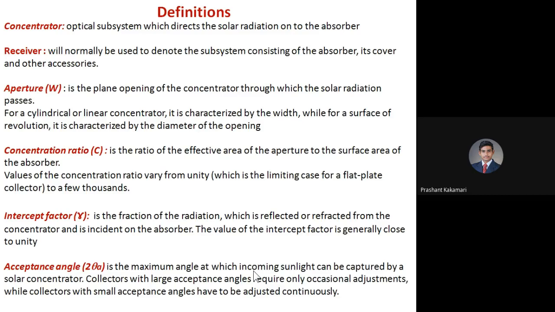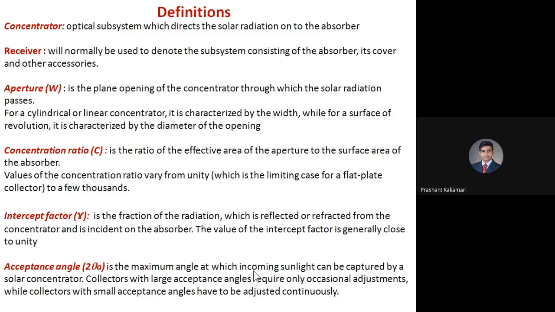So that maximum angle at which the incoming sunlight can be captured by a solar concentrator is called the acceptance angle. The collectors with large acceptance angles require only occasional adjustments. As I told you, for the concentrating collectors the area is very huge. In such conditions, the tracking system requirement is very less, like a flat plate collector. Once you fix the flat plate collector at a given 30 degree or 40 degree, that will run through the year.